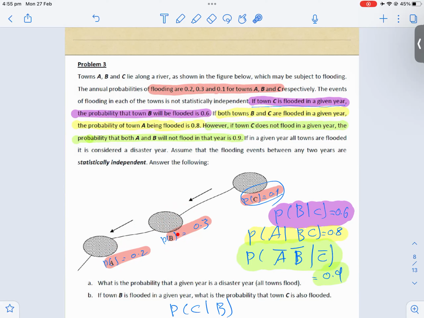The measurement can happen because of the experience of 10 years, 20 years, it depends on these things. As I said, they are not statistically independent, because definitely if village C gets flooded, then the second city will be flooded as well.